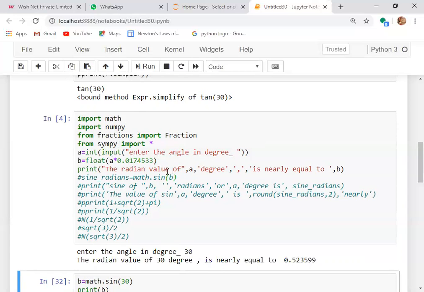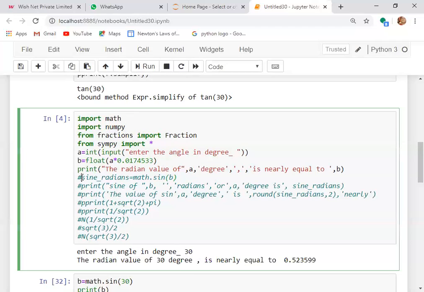Now we are going to run the next thing. Sine radian means you have to find the sine value in radian, meaning that the angle will be in radian. So math.sin(b). Why? Because we are now converting the input degree to radian value, and b is the angle in degree converted into radians.